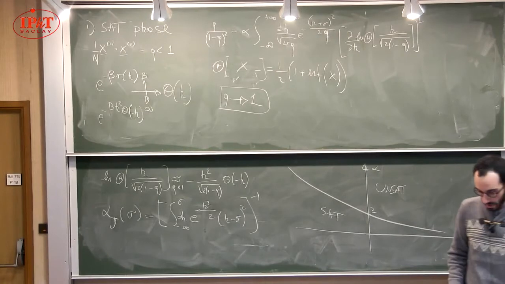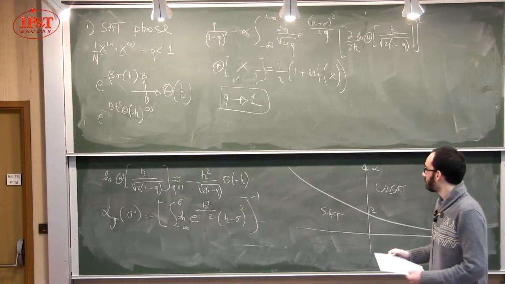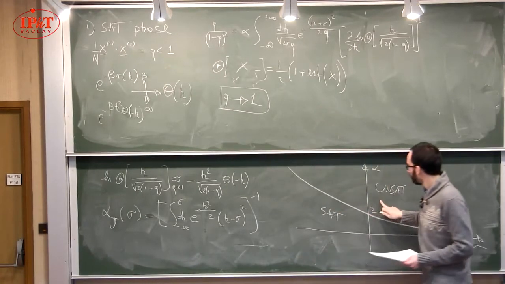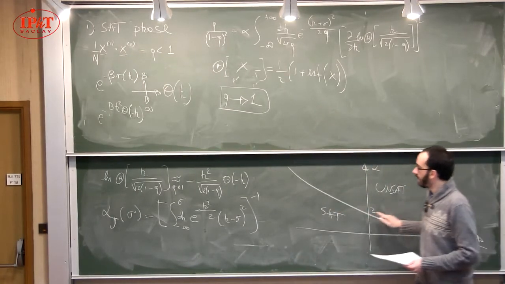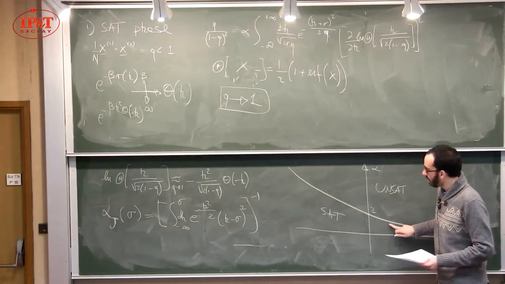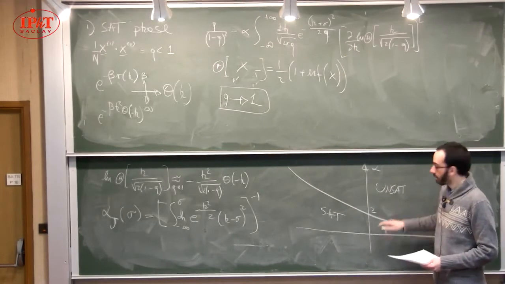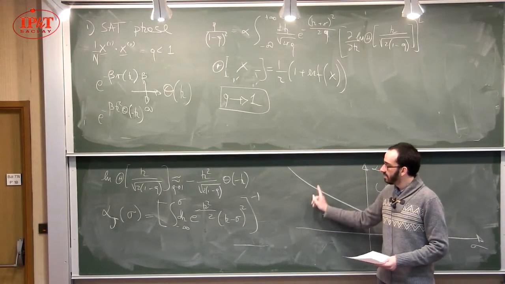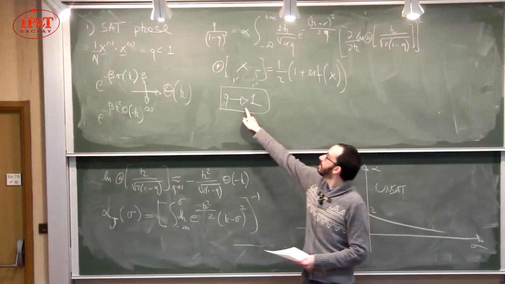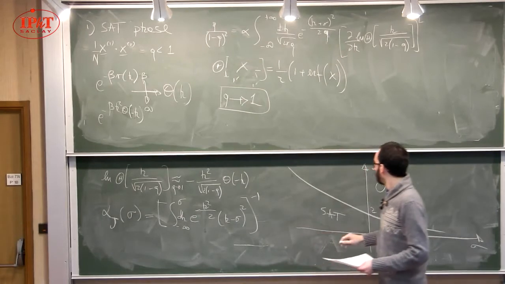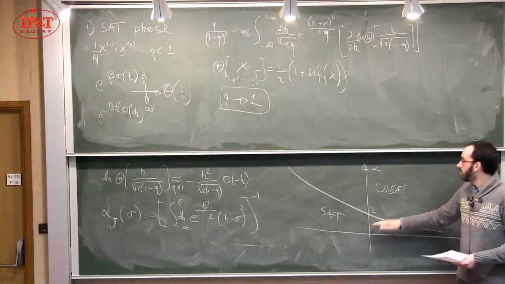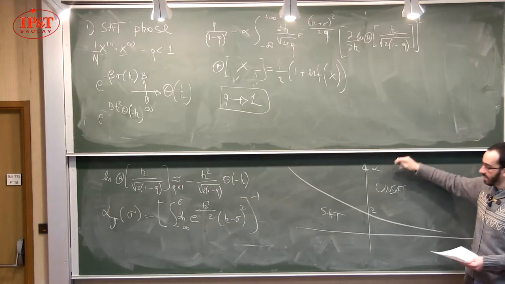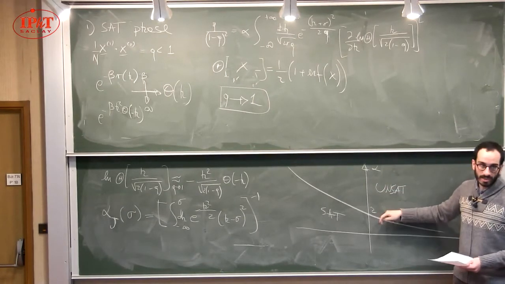So next time what I would like to do is to consider this equation in the unsat phase, so here. And then I will compute this line coming from the unsat phase. What we did here is to take the solution in the sat phase and then take the limit q to 1. What I would like to do is to consider the other situation, where I consider the solution in the unsat phase, and then I take the jamming limit that I will define.